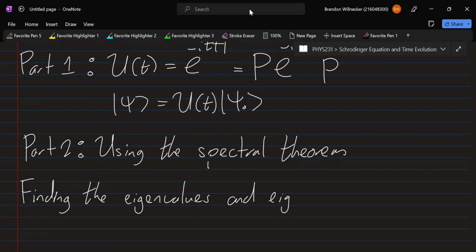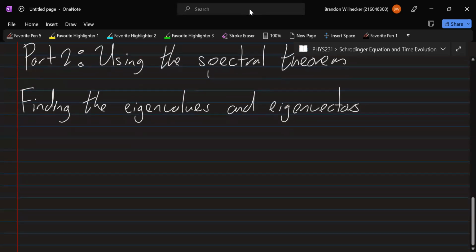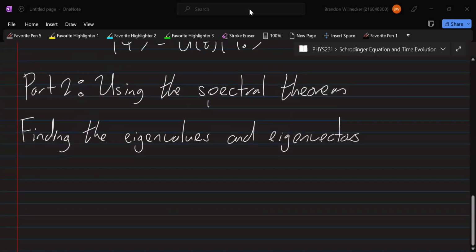So remember how to do that. We find the determinant of the operator minus lambda times the identity. We set the determinant to 0, find the eigenvalues, and then find the corresponding eigenvectors.